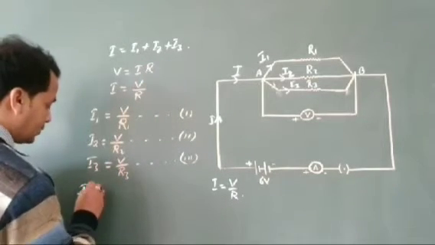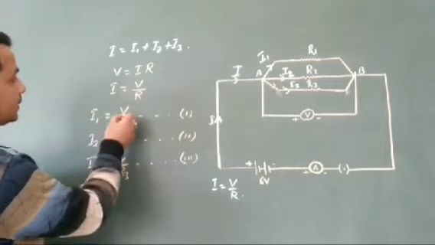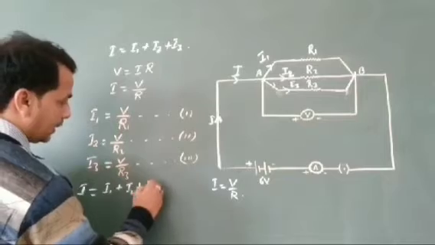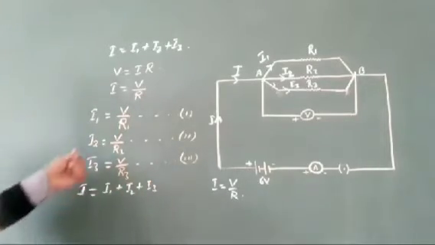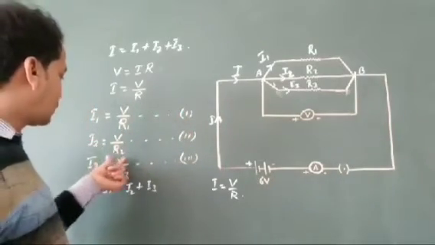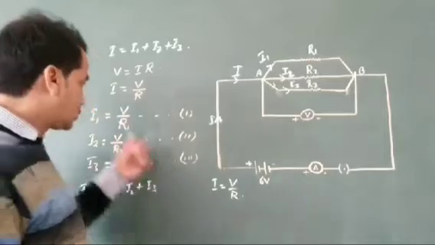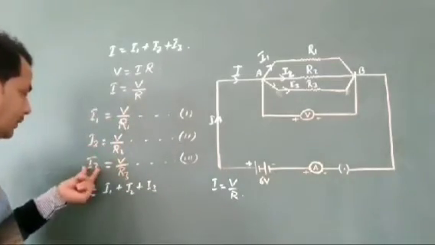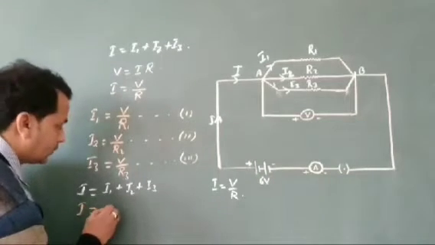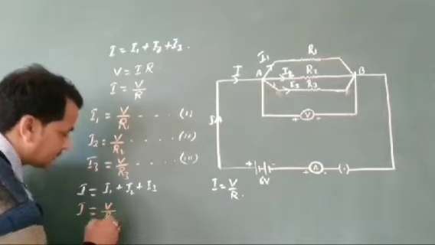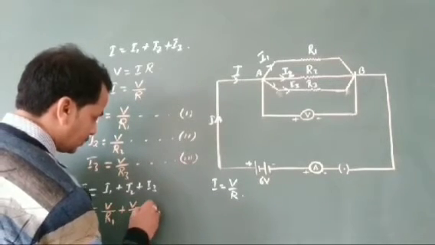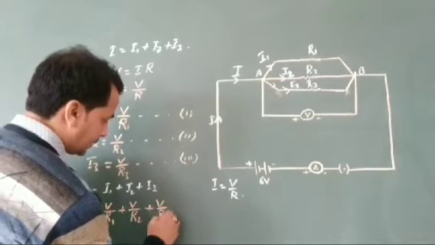From the equations, I1 equals V by R1, I2 equals V by R2 and I3 equals V by R3. So putting the values of I1, I2 and I3, the result will be V by R1 plus V by R2 plus V by R3.